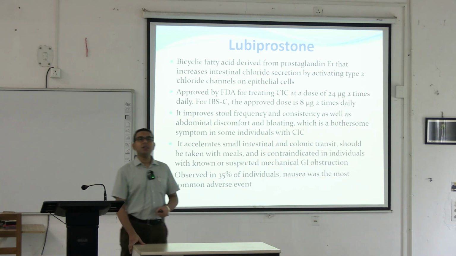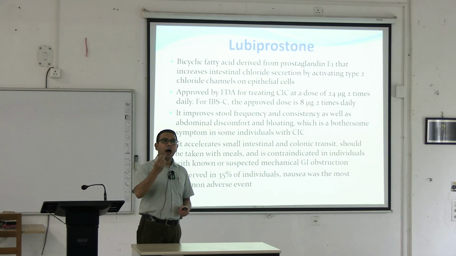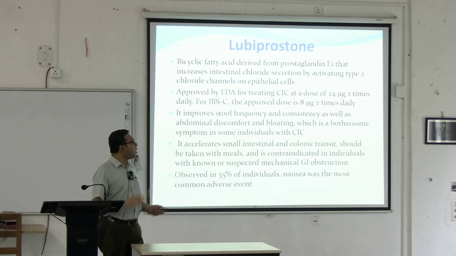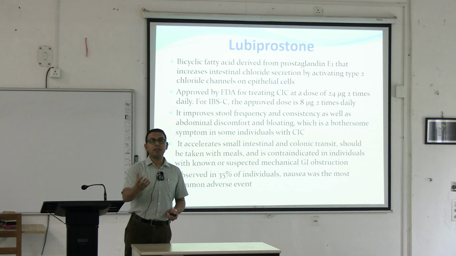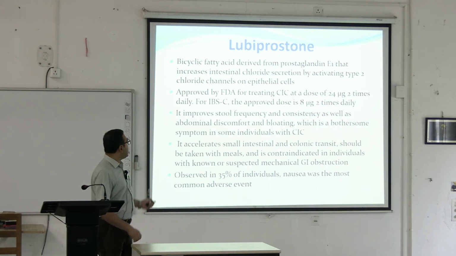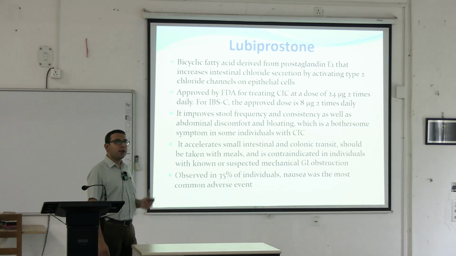On the epithelial cells there are CFTR chloride channels, and chloride ions are secreted through them. So when we use this type of drug, it increases chloride ion secretion and that ultimately leads to more water absorption.